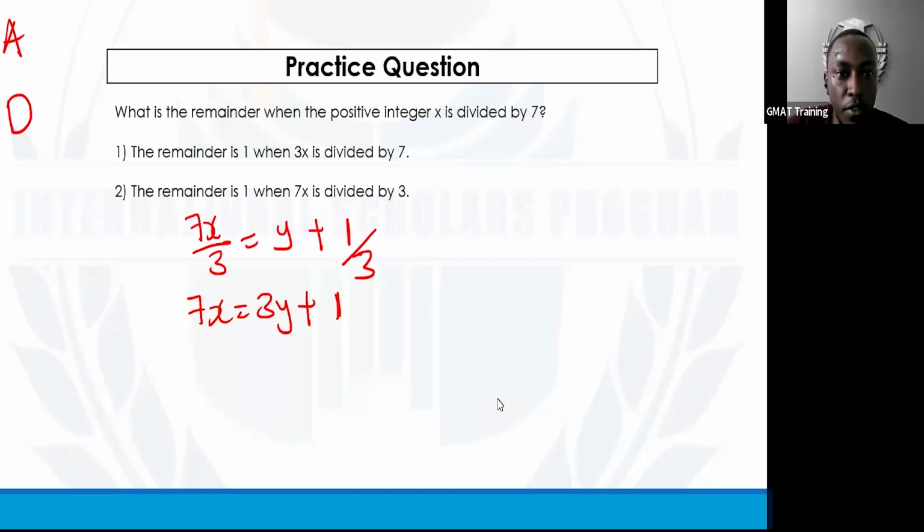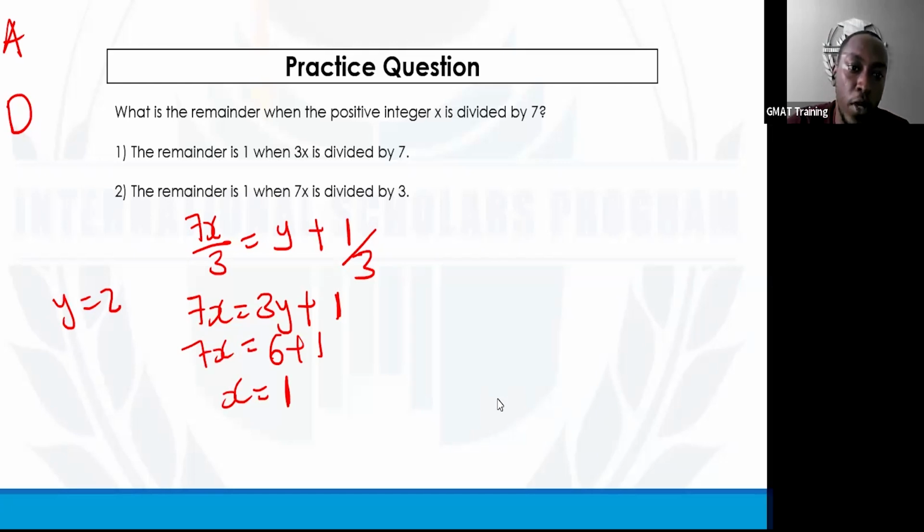If you say 1, that will be 4, not possible. 2, that's 6, 7, yeah, so 2 is possible. So y equals 2. This is 6 plus 1, which is 7, so 7x equals 7 and x will be 1. So if x equals 1, then 1 divided by 7 will have a remainder of 1.